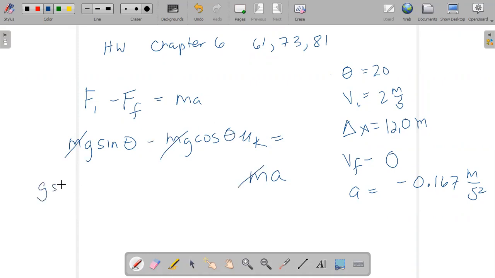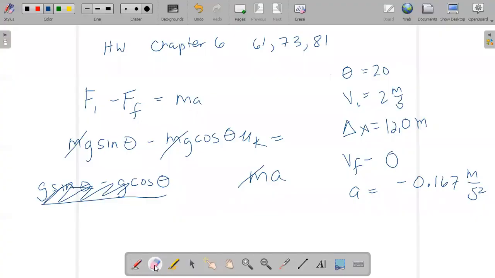So g sine theta minus A divided by g cos theta. Okay, so yeah, that was a little bit, solving for mu k.